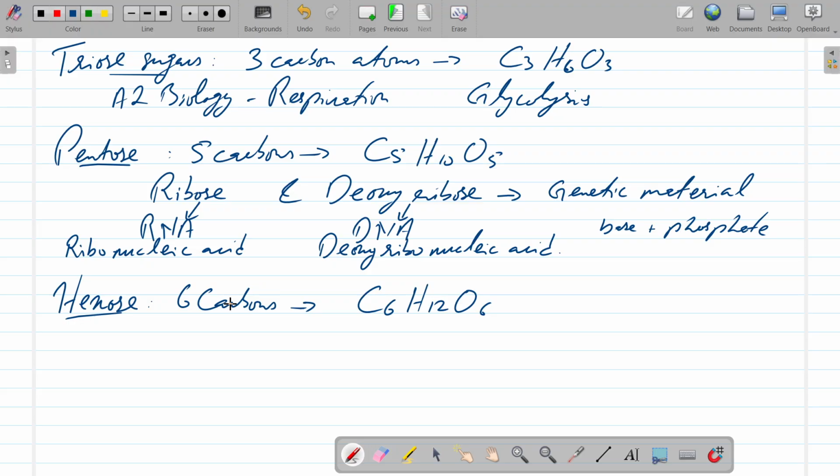And there's more than one hexose as well. So the general formula doesn't really tell you anything about the structure, and that's where they actually differ. So even though they've got 6 carbons and 12 hydrogens and 6 oxygen atoms in the molecule, the structure of the molecule is different, and that's what gives rise to the different hexose sugars, or the pentose sugars, or the triose, obviously.